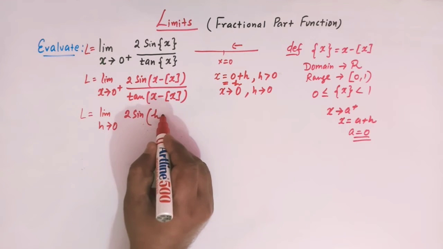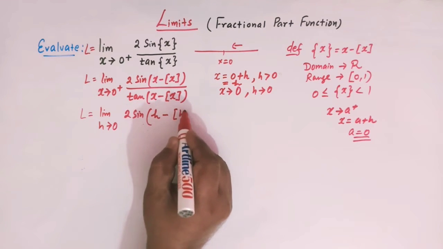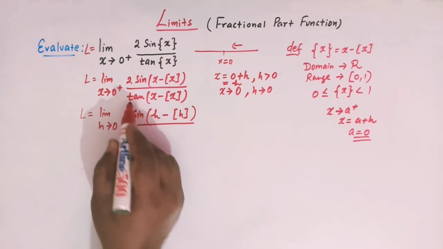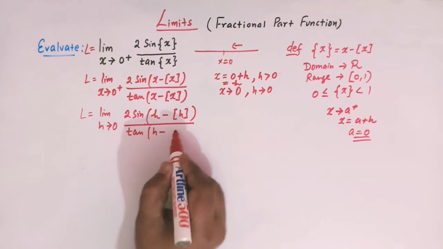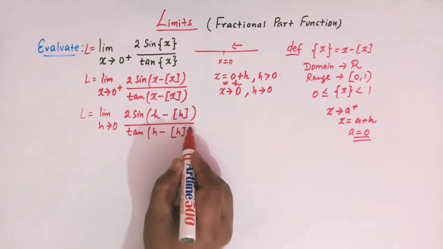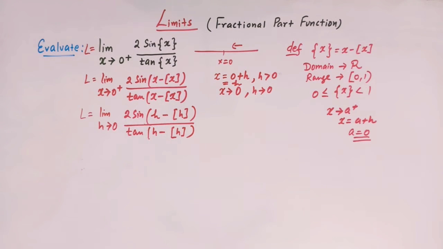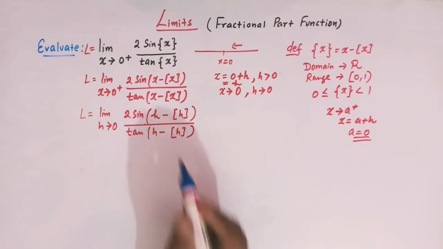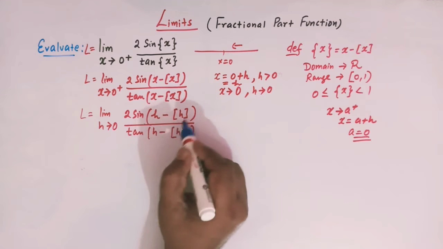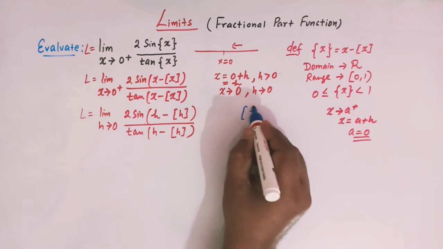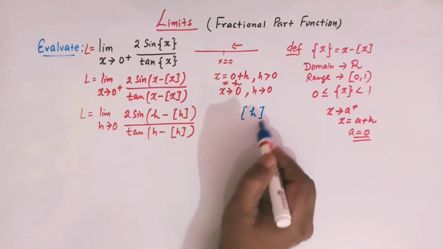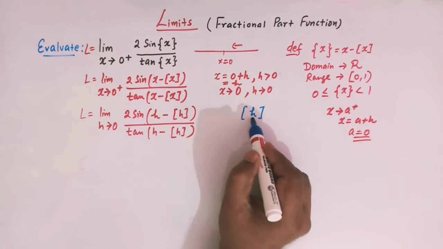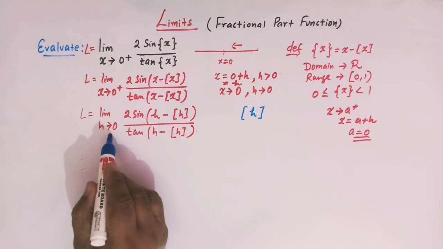So we have h minus greatest integer of h, and in the denominator tan of h minus greatest integer of h. Now we have this term, the greatest integer of h, and we have to assign a value to it when h tends to 0.